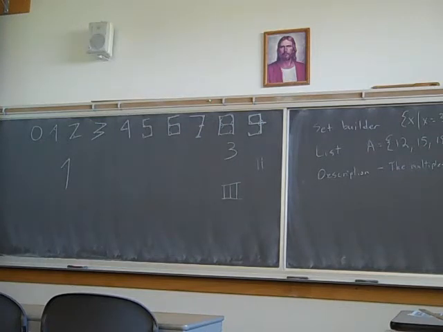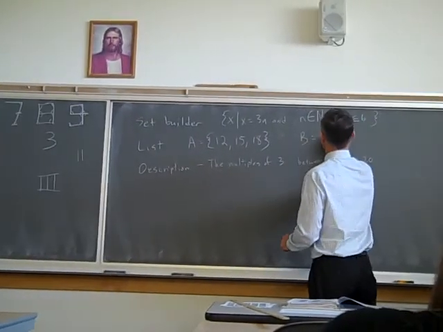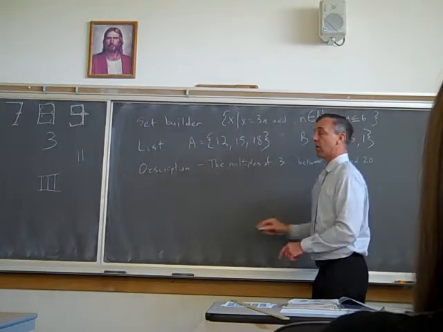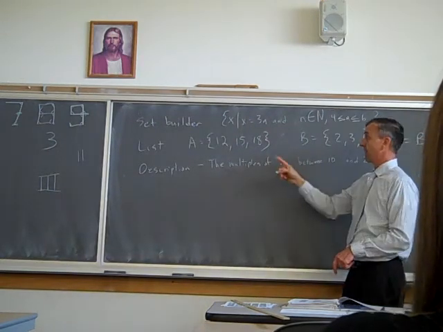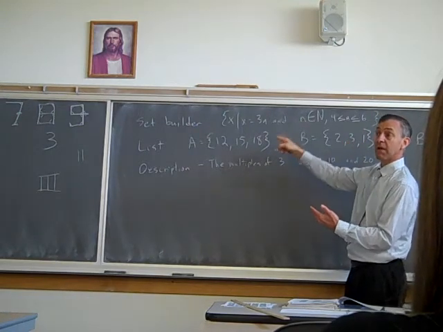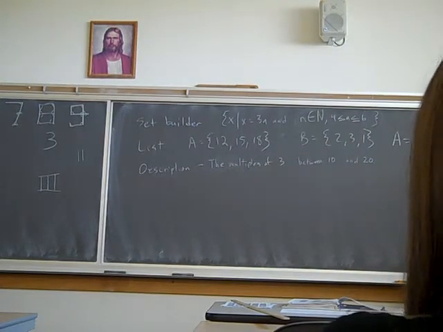Equal sets are sets that, except for the order, contain the very same things. So if A is 1, 2, 3, and B is 2, 3, 1, we would say A is equal to B. The order doesn't matter. As long as they contain the same elements, they're equal. But to be equivalent, they don't have to have the same things in them.